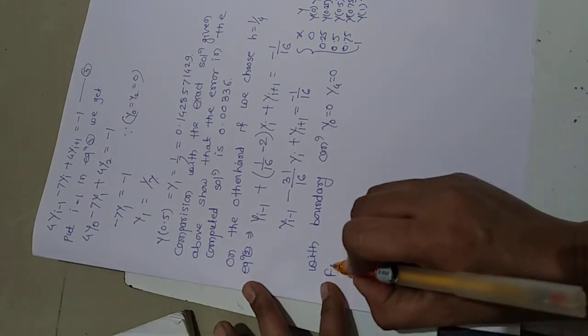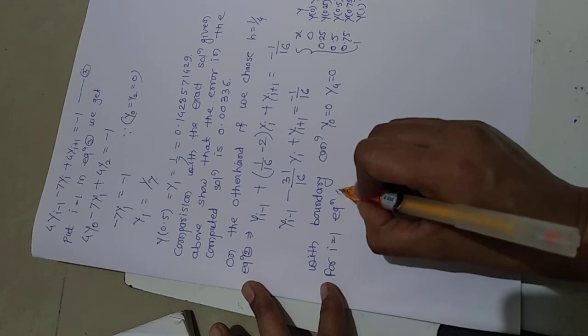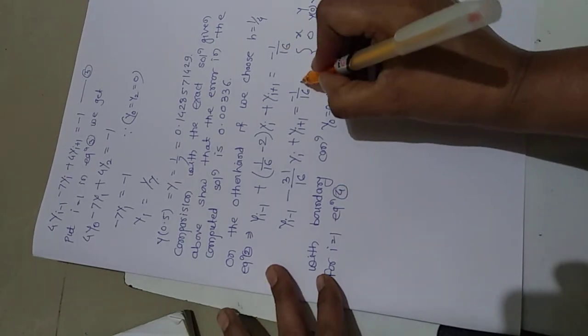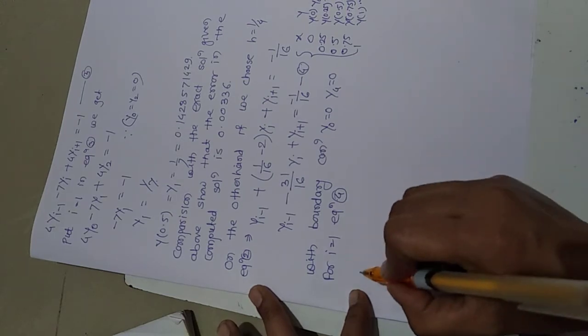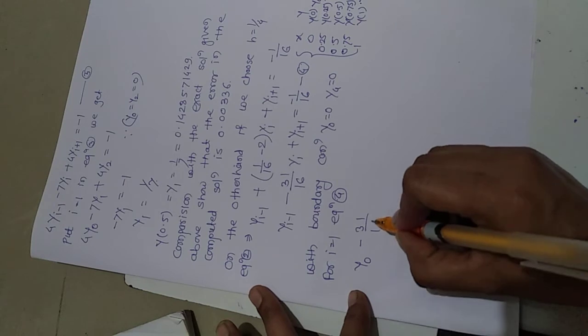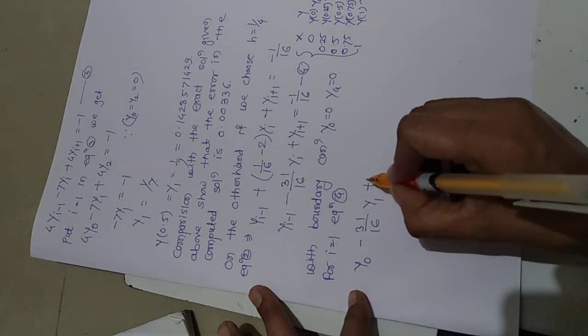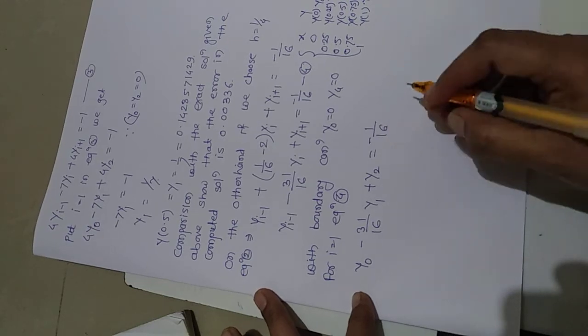For I is equal to 1 in equation 4, we get y0 minus 31 upon 16 y1 plus y2 is equal to minus 1 by 16.